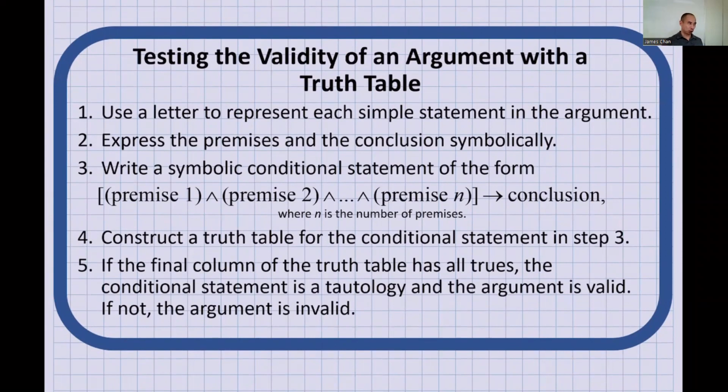Actually, we went symbolically to the expressions. Write the symbolic conditional statement of the form premise 1 and premise 2 and premise 3 and so on and so forth. Then the conditions. So I'm going to go ahead and show you guys some of these. Construct a truth table. And then if the final column is all true, so the final column has to be all true. Okay.